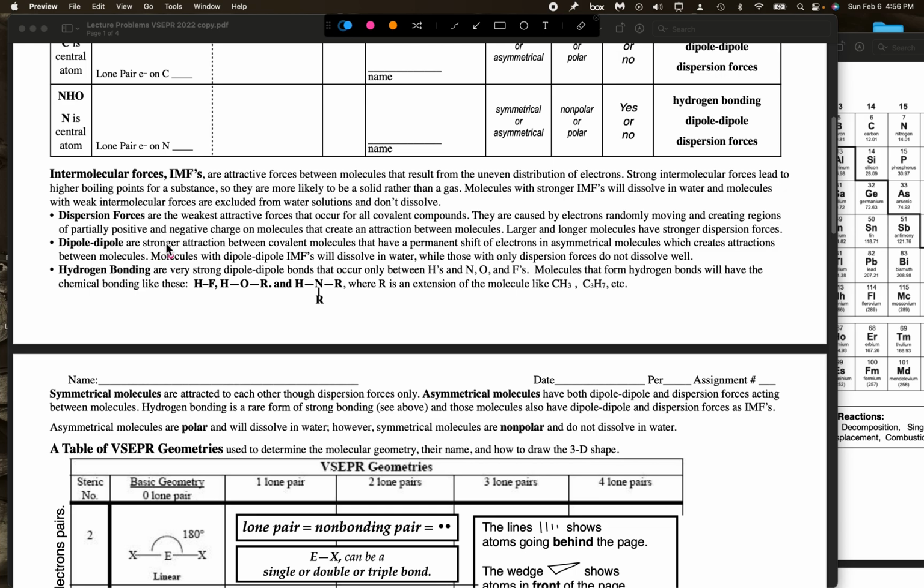Another type of intermolecular force or attraction is a strong attraction that takes place between covalent molecules that have a permanent shift in electrons. These are called asymmetrical molecules.